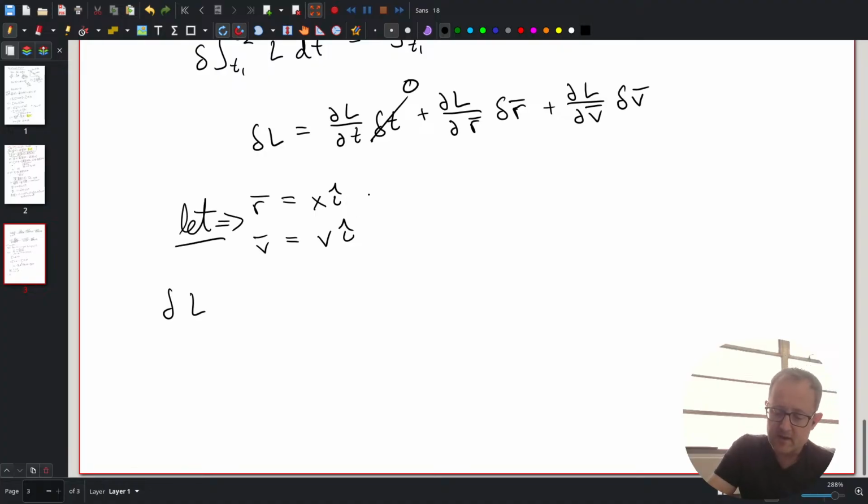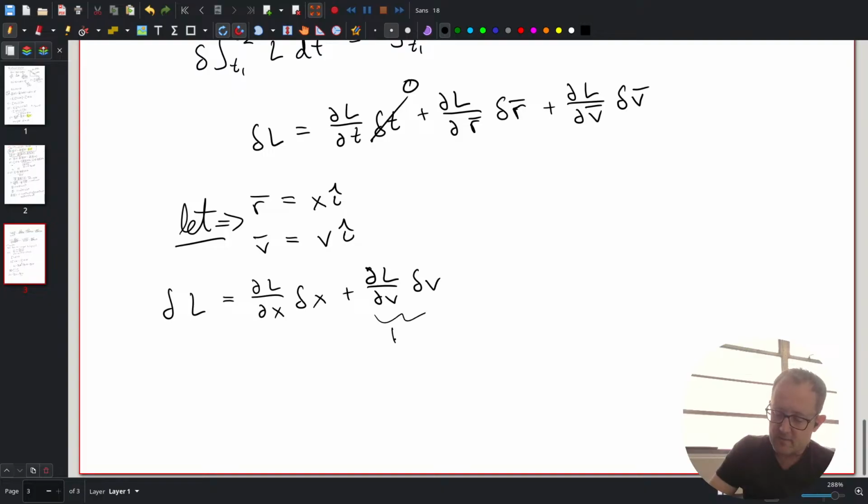We could say that there's an x, a y, and a z, but I just want to write down the simplest version here. So now delta L is dL/dx times delta x plus dL/dv times delta v.